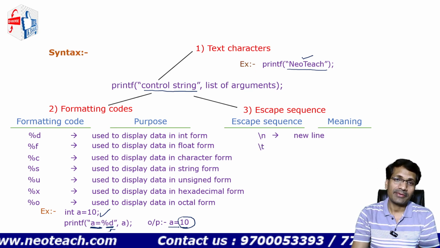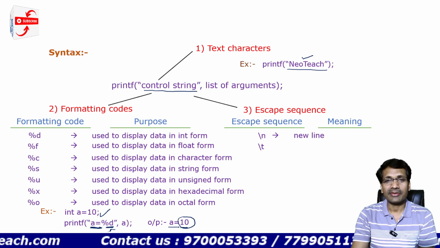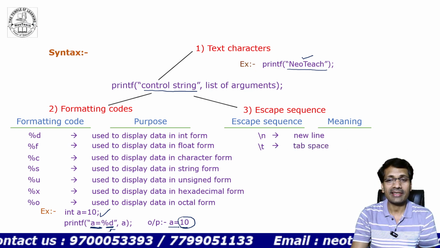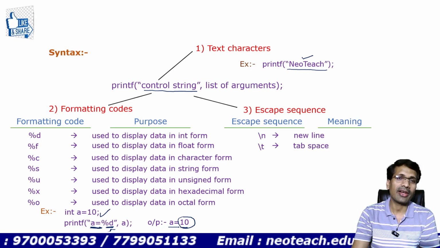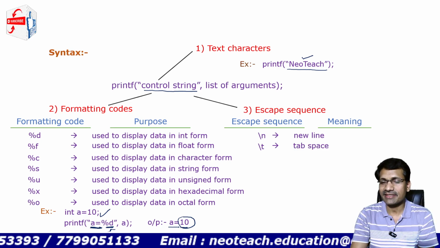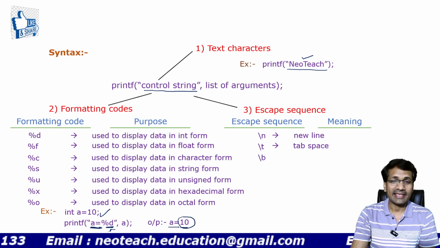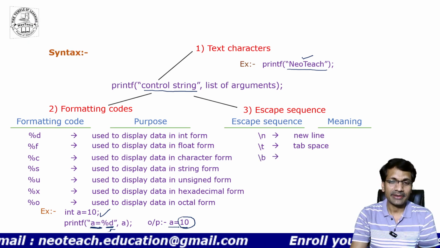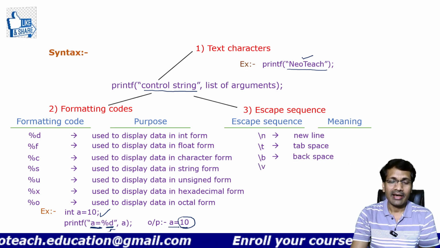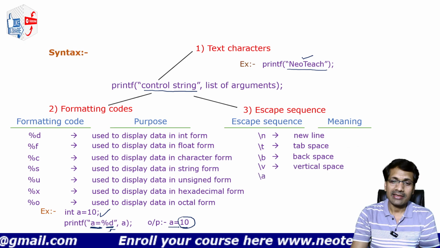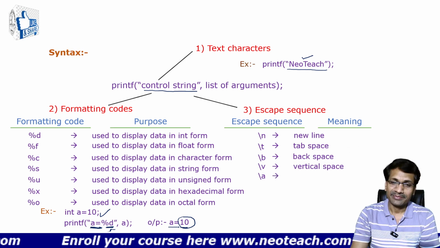And if you want to provide tab space, then you go for \t. It provides the tab space, basically 5 character space. One tab space is nothing but 5 character space. And next, the backspace, if you want to provide the backspace, you go for this. Vertical space we can also write as \v, and \a is alert.